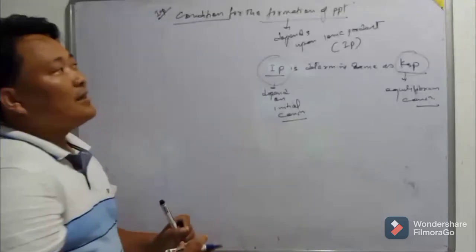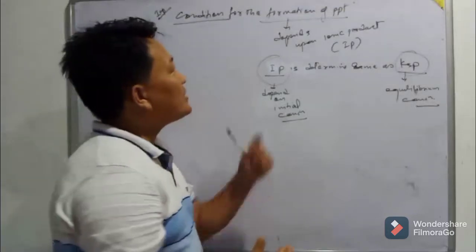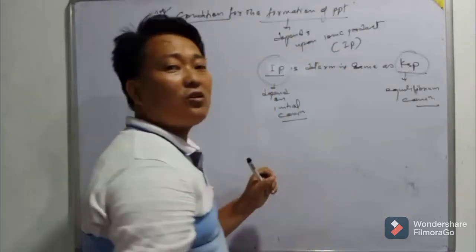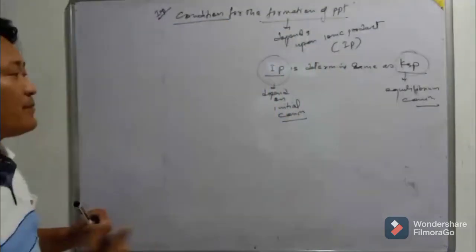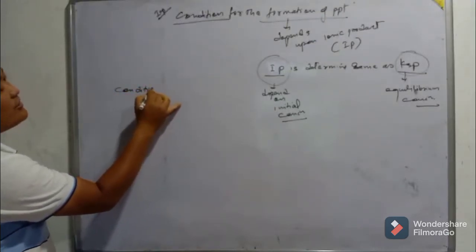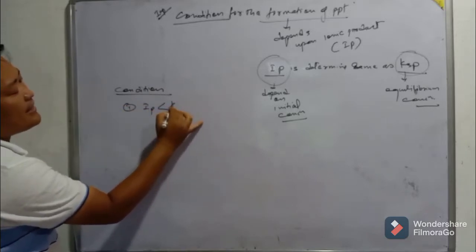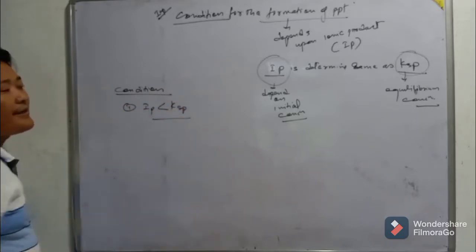So our main thing to see is when any salt will form the precipitate. For this, now see the conditions. Condition one: IP is less than KSP.